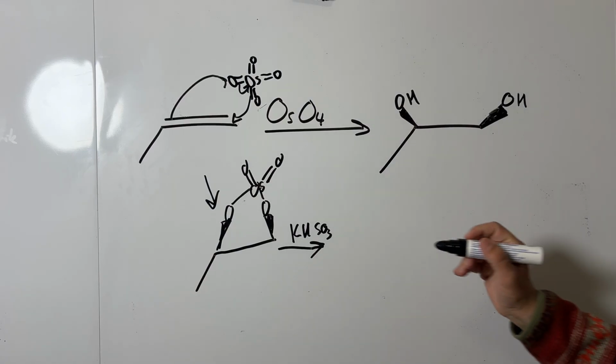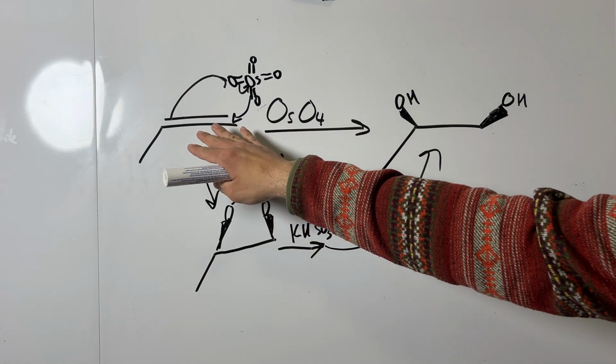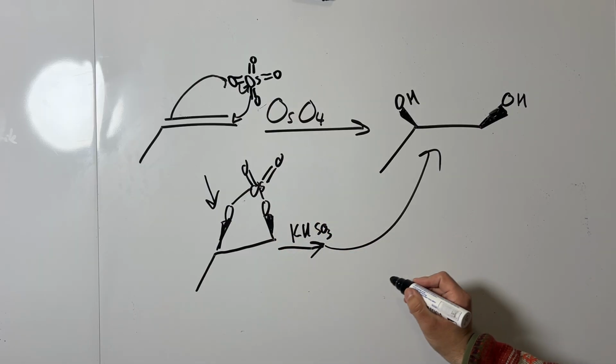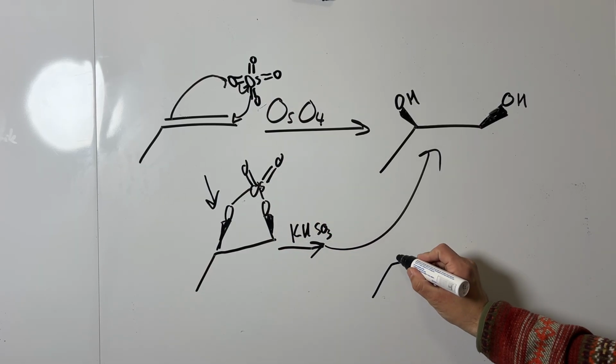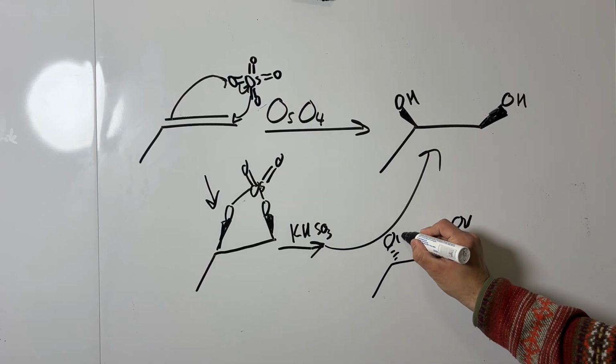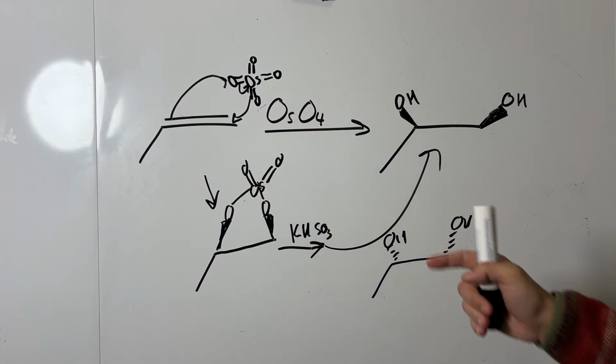Functionally, that's all it does, to get to our syn diol. Remember, there's a 50-50 chance this adds from either direction. We could very well put these on dash bonds and form this instead. These are not the same, because they would be enantiomers of each other.